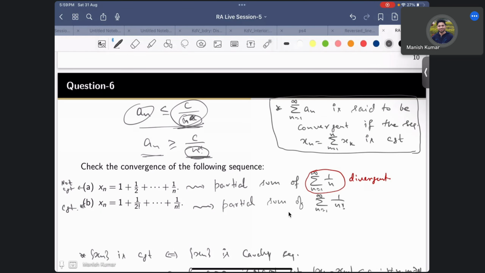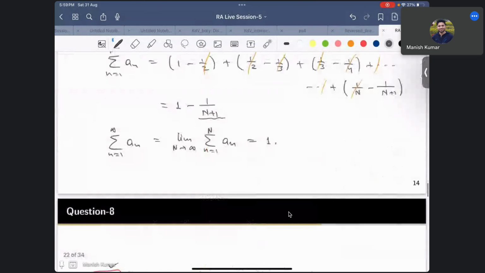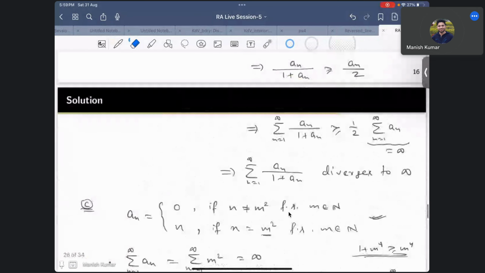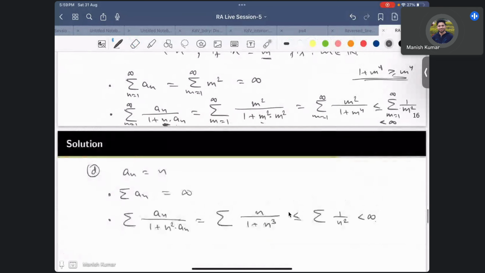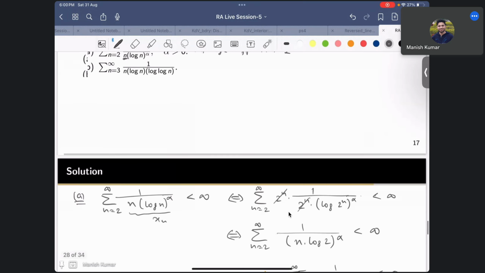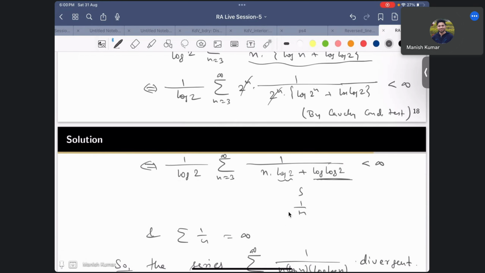So for example, I was hinting at this in this problem. Let me go back to it. Where was I mentioning this one? Yeah, here. Over here I was giving you this kind of argument, a_n upon 1 plus n times n. I was saying you just forget about this 1. Or here also I mentioned that this term is more like 1 by n.